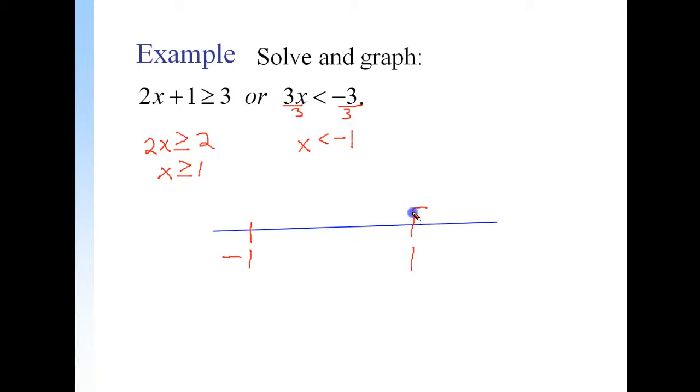So we're going to use a bracket to include number 1. And our arrow goes this way. And here x is less than -1. So this would be a parenthesis since -1 is not included in the set. And it would go this way. And this would be an OR statement.